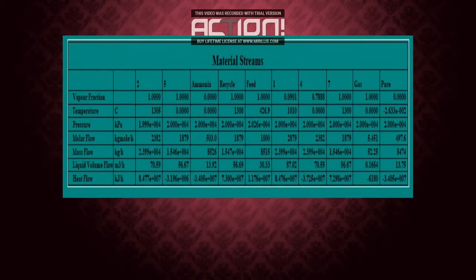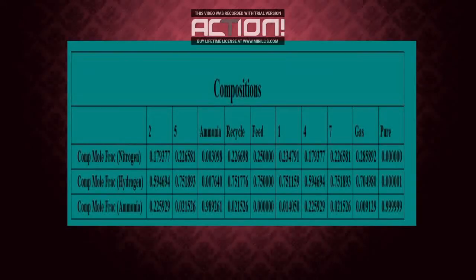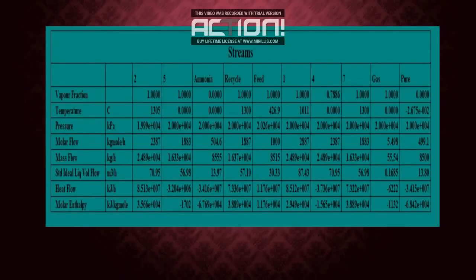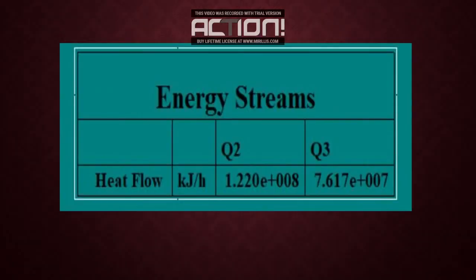First, material stream after heat integration, and here we have the composition for the feed. The composition, no change between heat integration and without heat integration. We don't have energy specification for the heat exchanger.